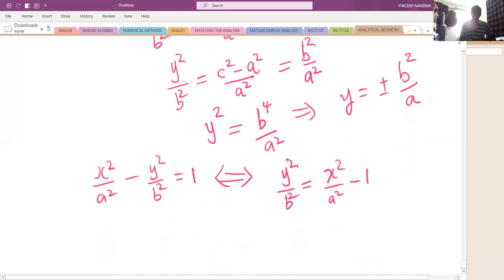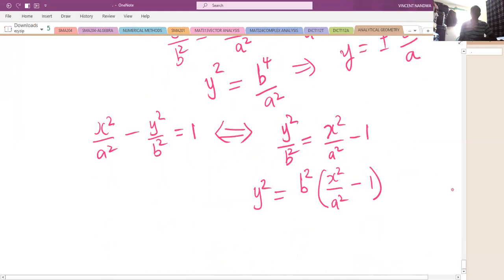And then I can say y squared equals b squared into x squared over a squared minus 1, and then getting the square root on both sides.